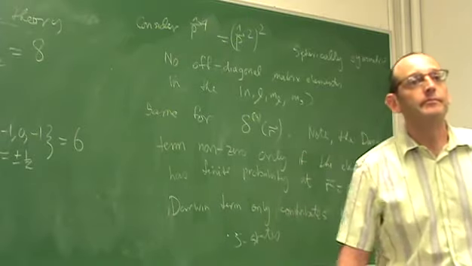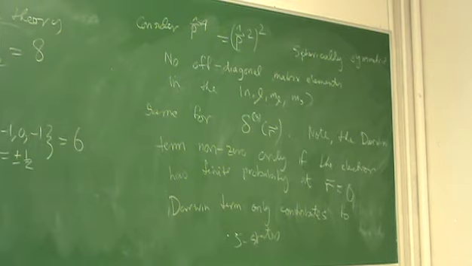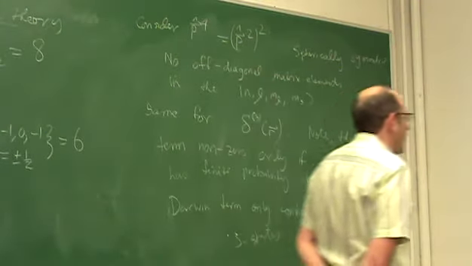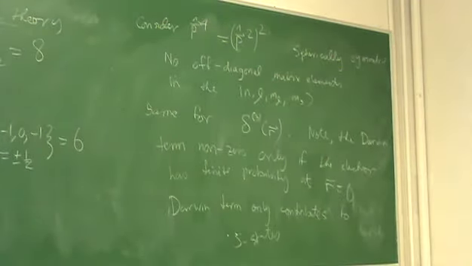What's the relation between the Darwin term and the Lamb shift? Nothing. We'll talk about the Lamb shift in a moment, maybe not today. The Lamb shift arises because of the quantum nature of the electromagnetic field. The Darwin term arises due to the quantum fluctuations of the Dirac spinor.